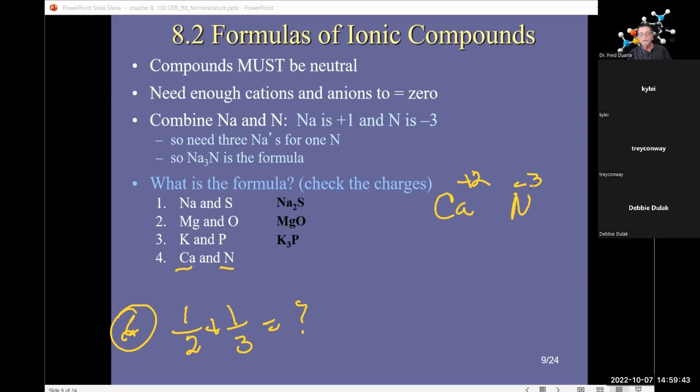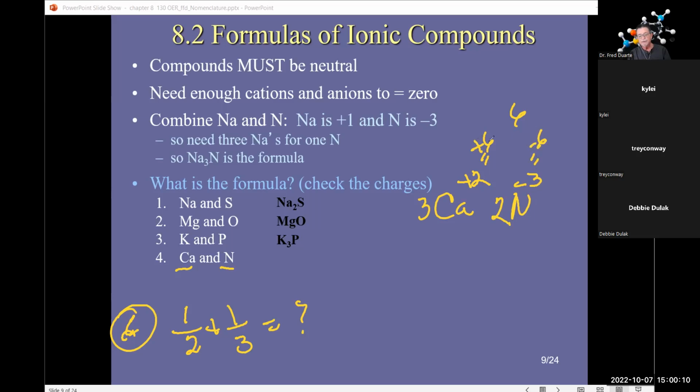Well, we've got a similar scenario here. The common factor between the calcium ion and the nitride is also 6, right? So what I need to do is I need 3 of the positive calcium to give me a total of +6, and I need 2 of the negative nitrides to give me a total of -6.